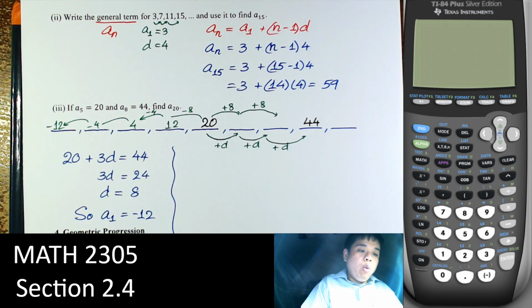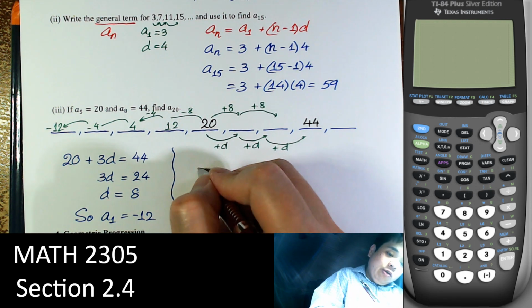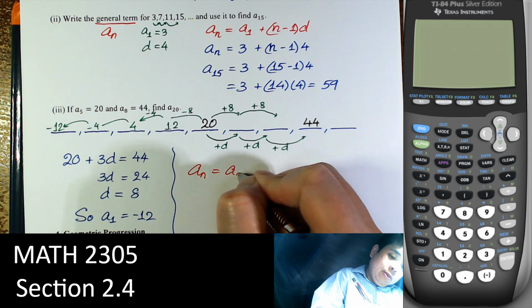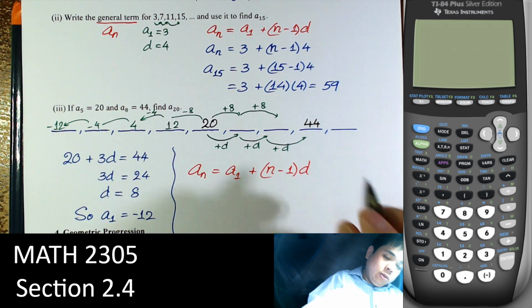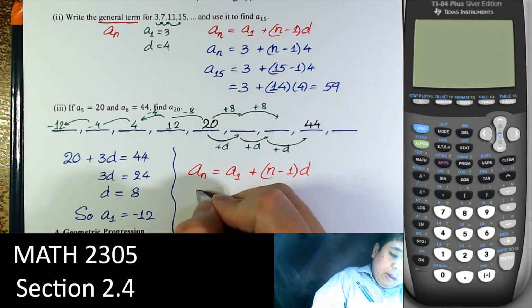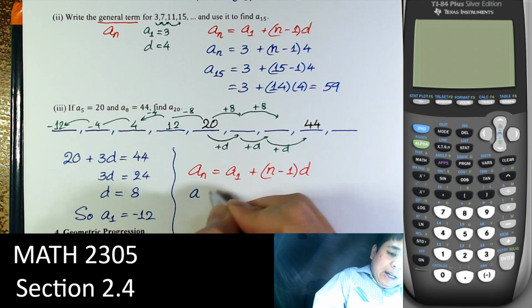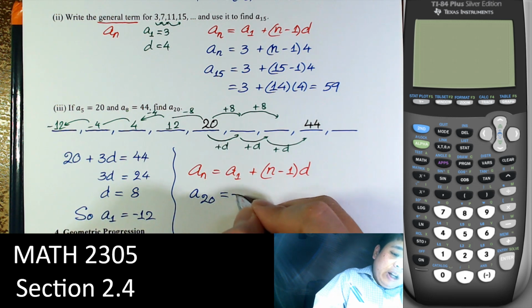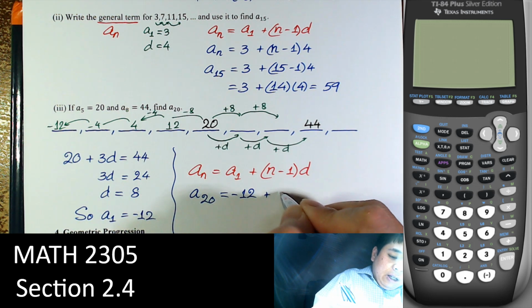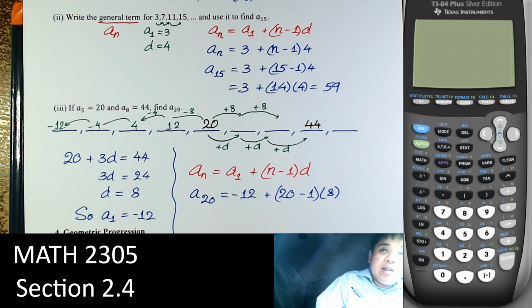So once we know where we start, we can just use this formula to find the nth term. Now we want the 20th term. The first term we know is negative 12. N minus 1, 20 minus 1 times the common difference, 8.